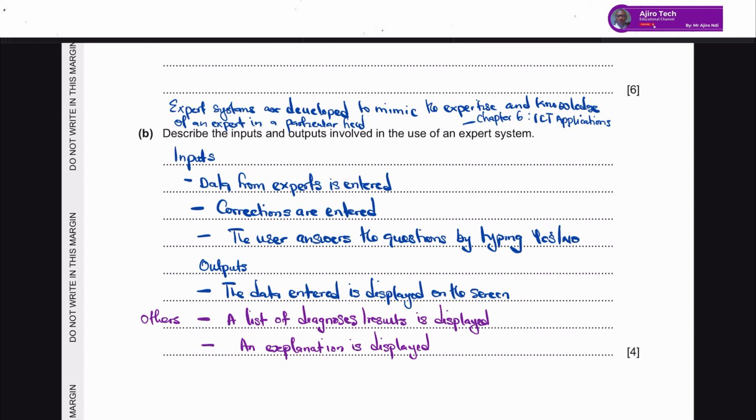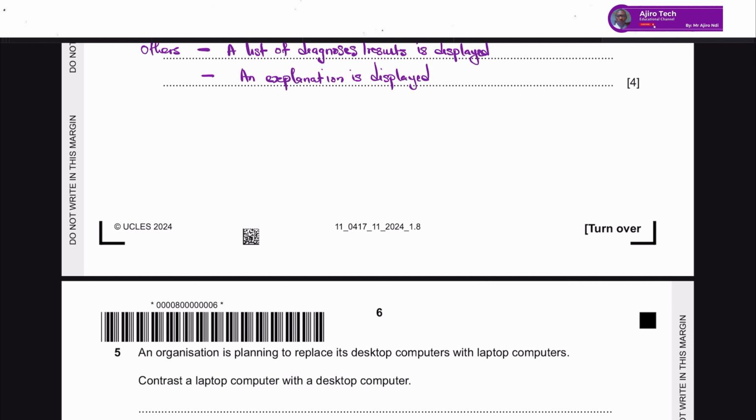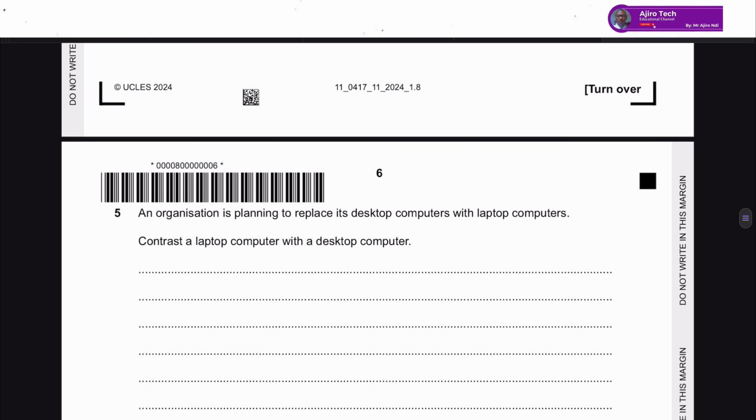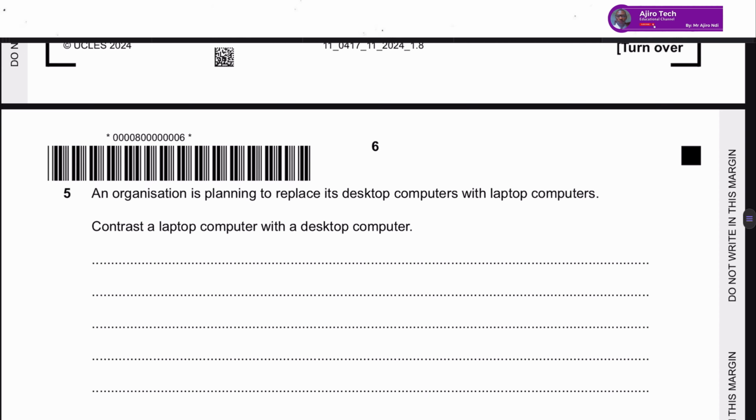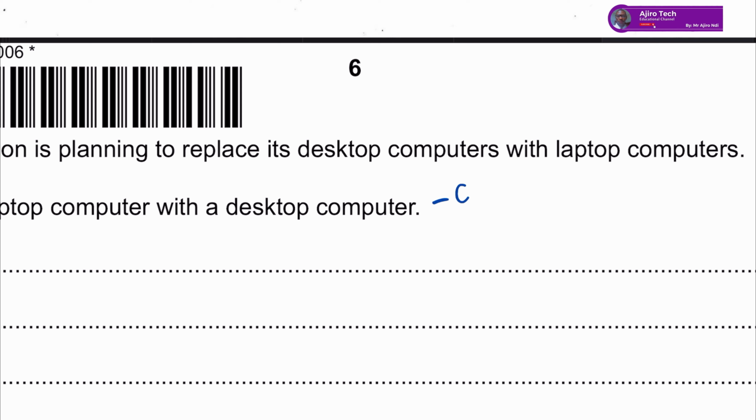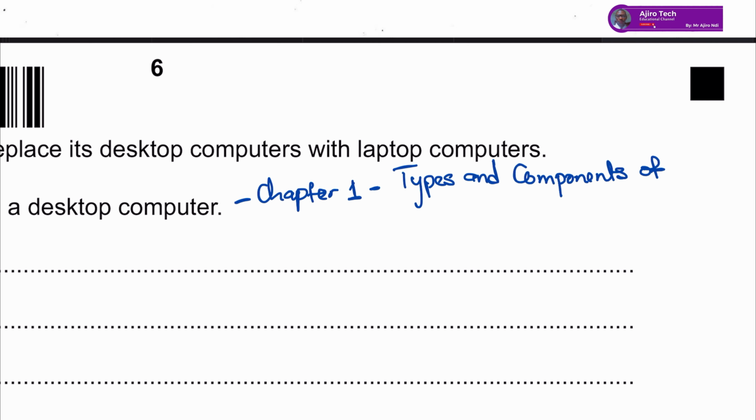An organization is planning to replace its desktop computers with laptop computers. Contrast a laptop computer with a desktop computer. And this is something you would see in chapter 1, which is types and components of computer system.